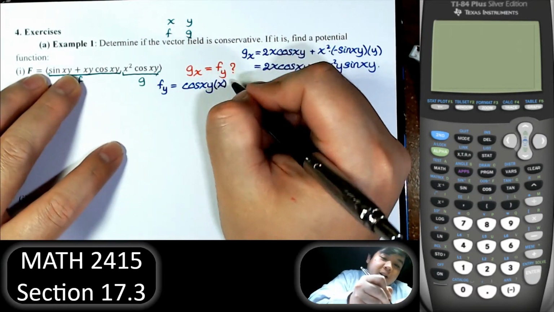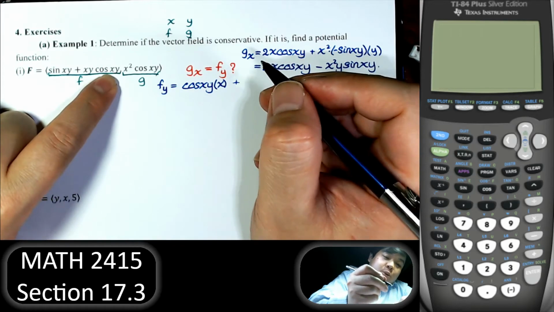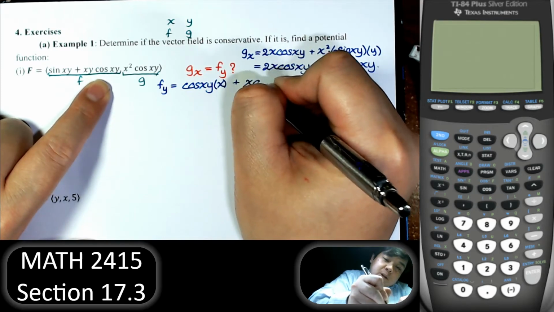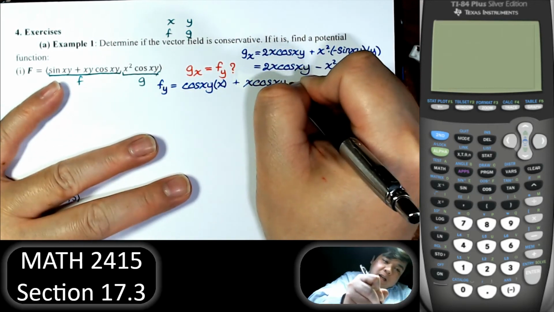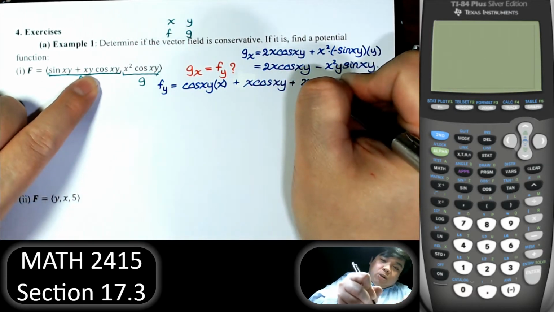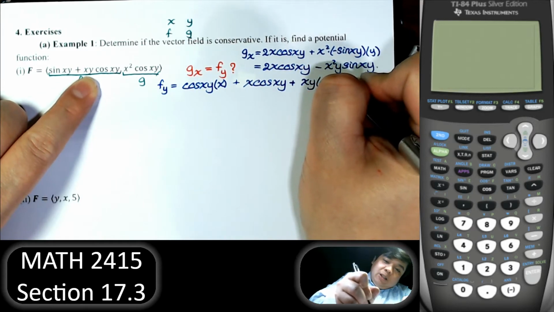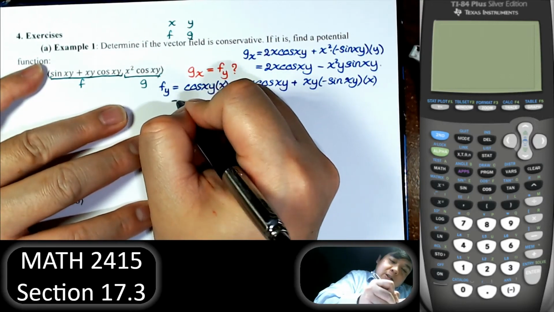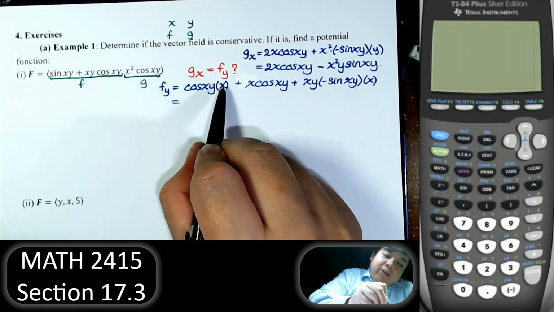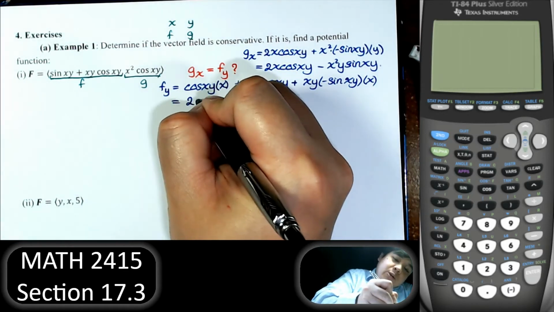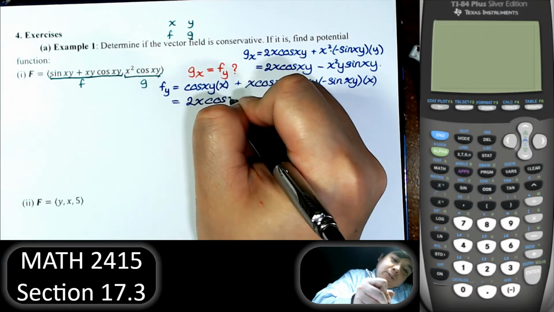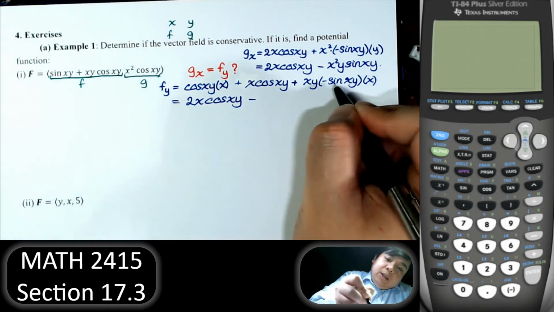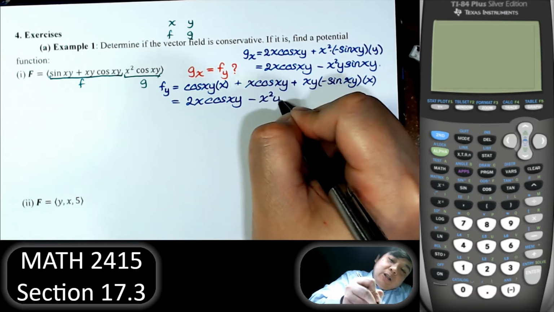And then next, the derivative of this is also a product rule: the derivative of xy with respect to y is x, so this is x cosine xy, and then plus xy, where the derivative of cosine xy is negative sine of xy with respect to y, times x. To simplify this, we have x cosine xy, make it 2x cosine xy, and that minus x squared y sine of xy.